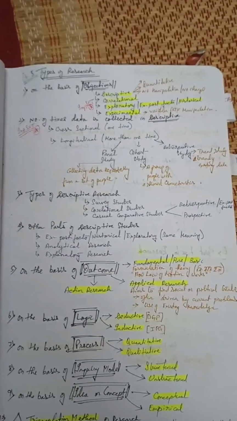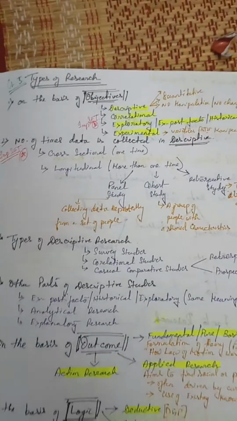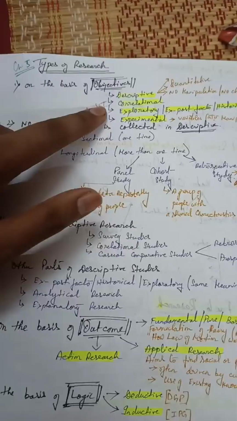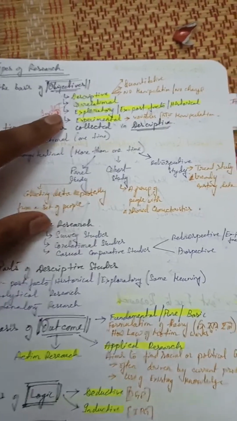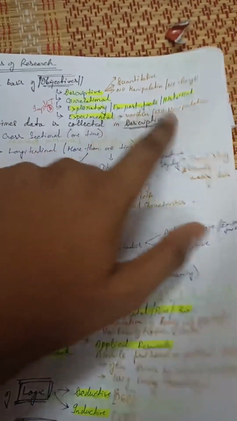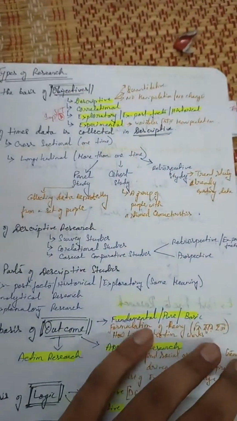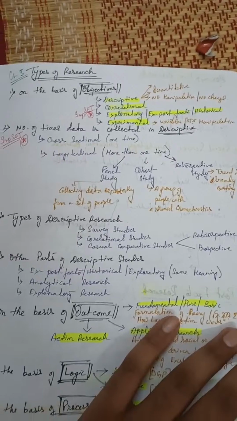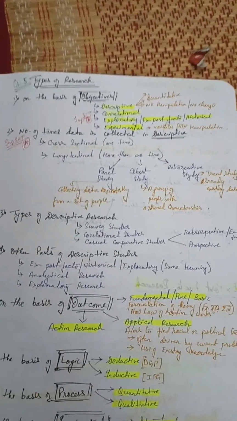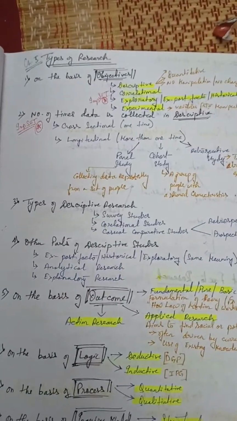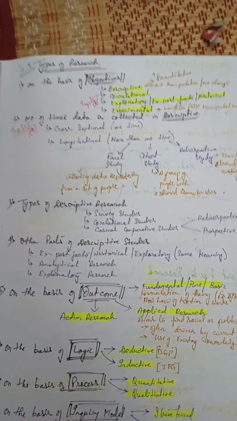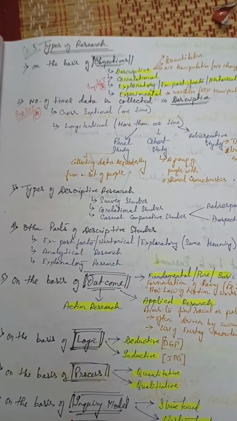On the basis of the objective of research, research can be divided into descriptive research, correlational research, exploratory research, also known as ex post facto research or historical research, and experimental research.